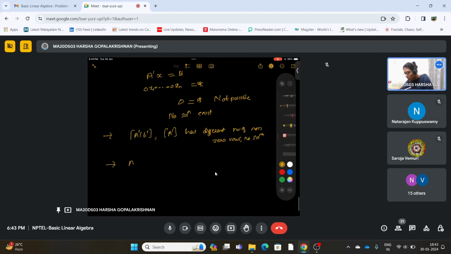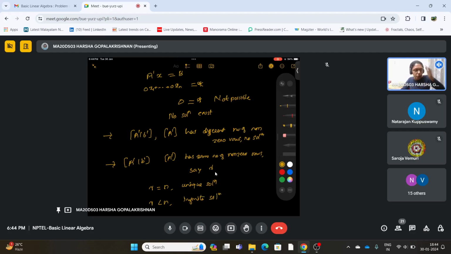And if A dash B dash and A dash have the same number of non-zero rows, say R, then in that case, if R equals n, there is a unique solution. And if R is less than n, then there are an infinite number of solutions.